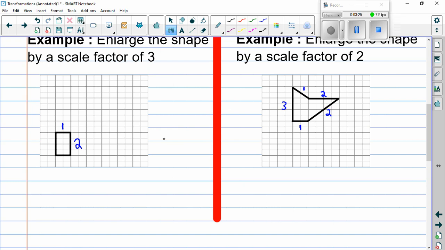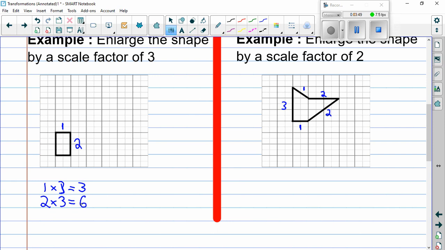On the left shape, we want to enlarge by a scale factor of 3, so that means we're going to do 1 times 3 for our top. So our top and bottom will be 3, and our left and right sides, we have to do 2 times 3, so they'll be 6.